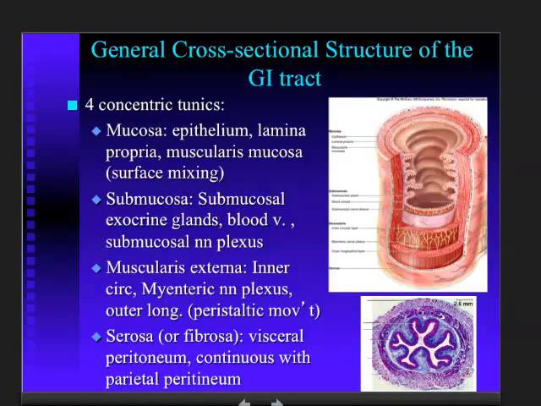That, right? And we said this is parietal peritoneum, a serous membrane that forms the inner lining of the body cavity. This is the body cavity here. And this is the visceral peritoneum, serous membrane that covers the surface of the digestive tract.